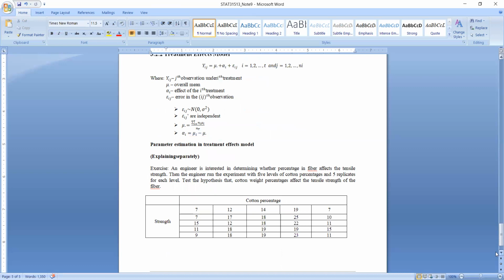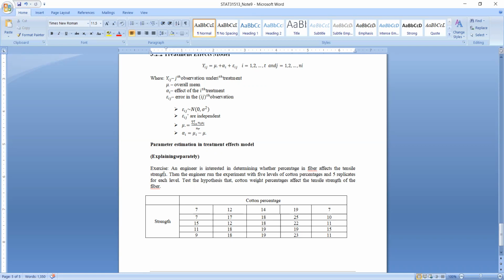So I'm going to give you a small homework. If you look at this data set, it says an engineer is interested in determining whether the percentage of cotton in fiber affects the tensile strength. The engineer runs the experiment with 5 levels of cotton percentages and 5 replicates for each level, and tests the hypothesis that cotton weight percentage affects the tensile strength of the fiber.